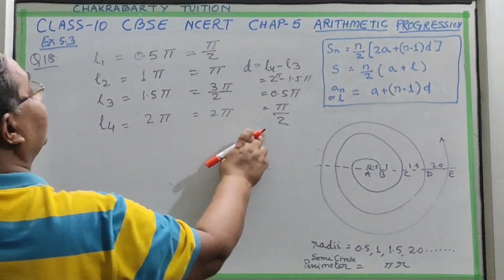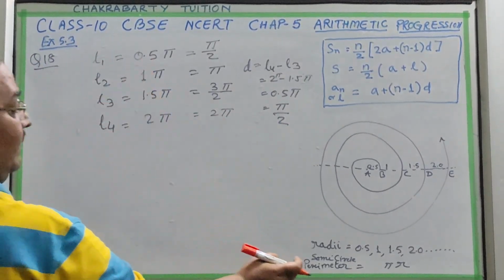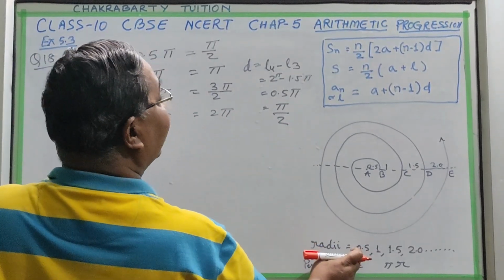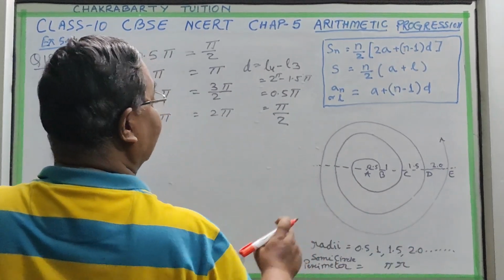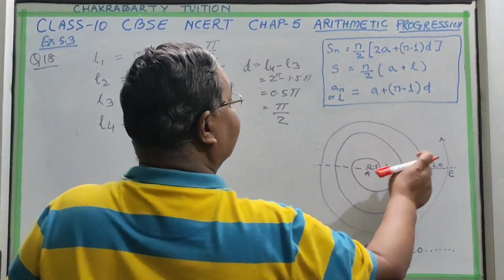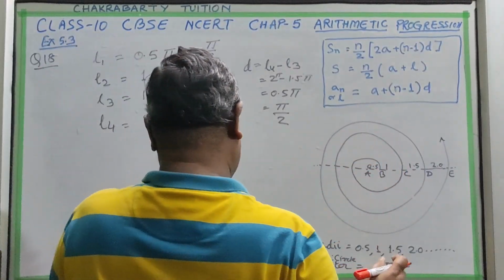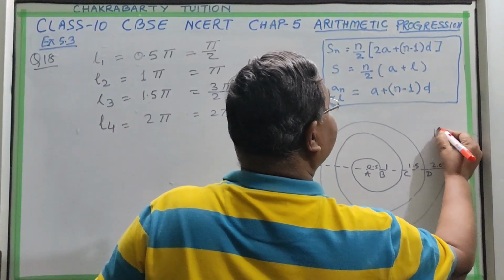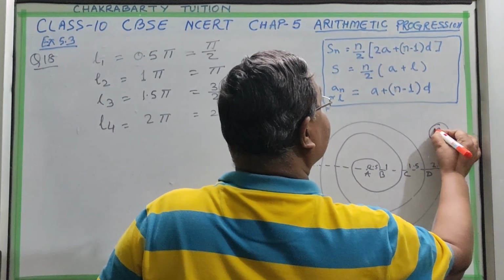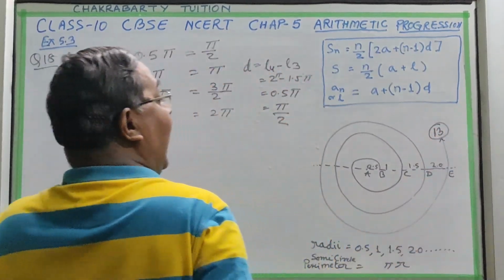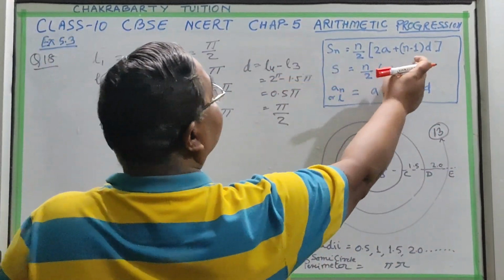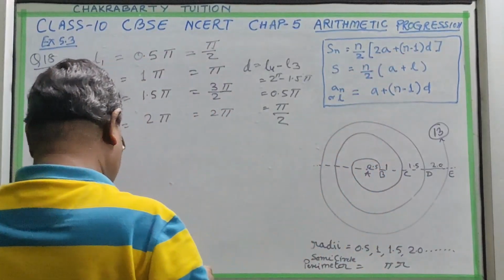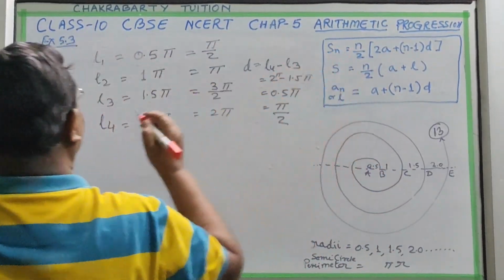So D we have got, A we have got, and we have to find N, the number of semicircles. In the question it is given that 13 semicircles are there. You have to find the answer for 13 semicircles. So you have N and D, so we can find the sum with the help of this formula.